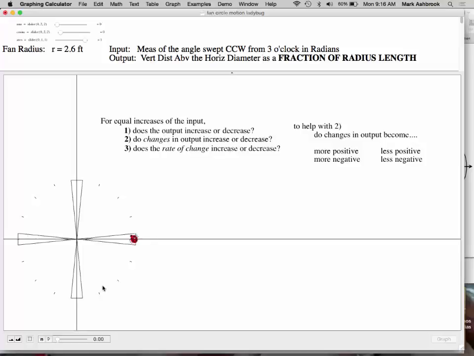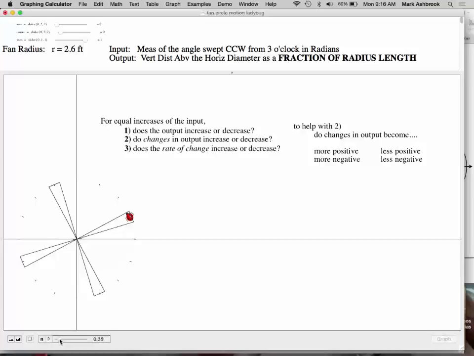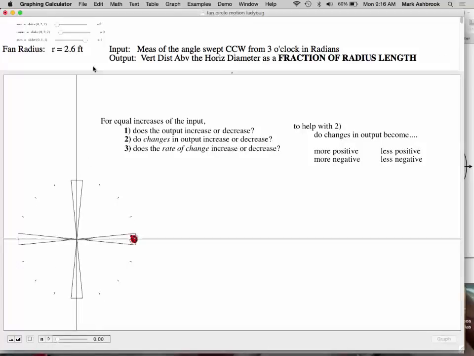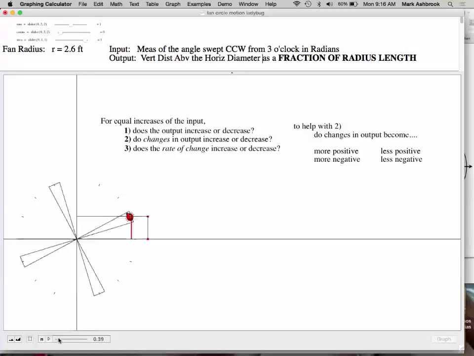We're looking at the first quadrant. So in the first quadrant, here's the first increment of pi over 8 radians.